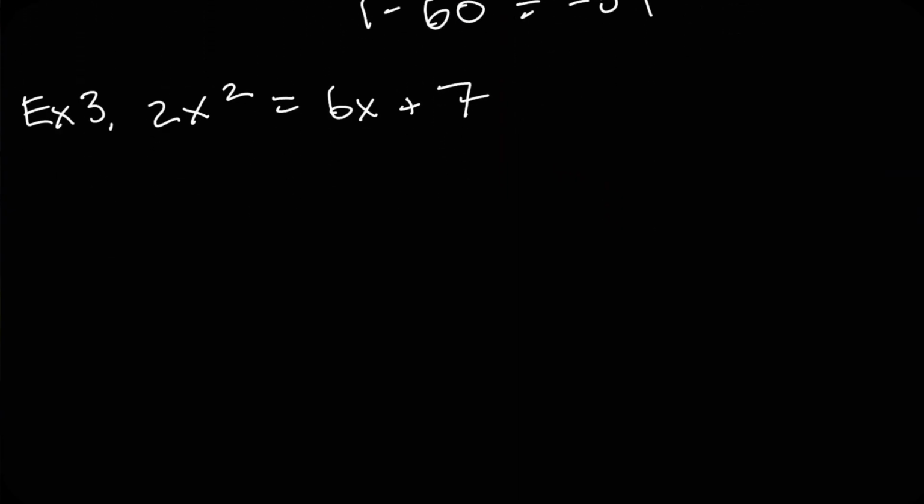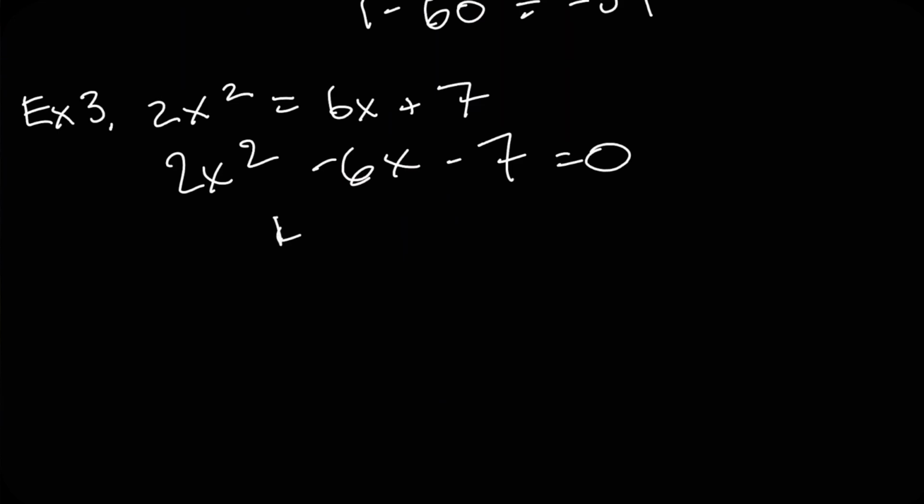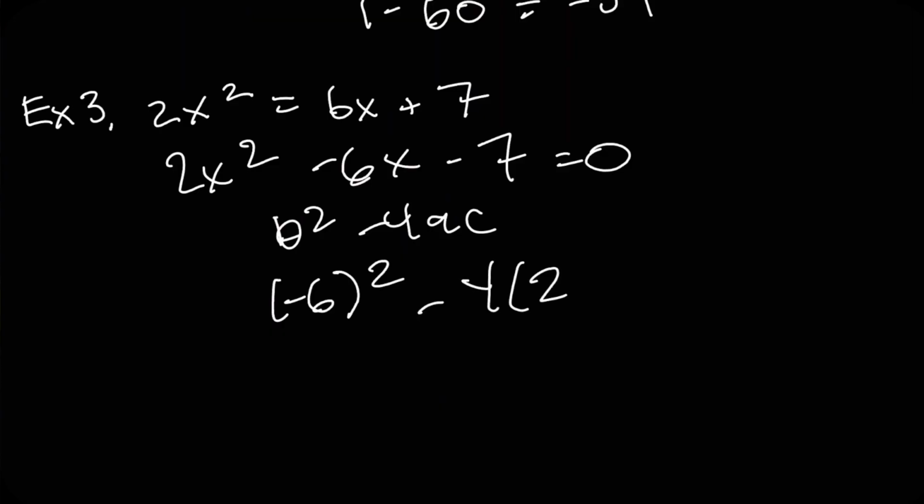Last example here, 2x squared is equal to 6x plus 7. If we go ahead and move everything over, we're left with b squared minus 4ac. So negative 6 squared minus 4 times 2 times negative 7.